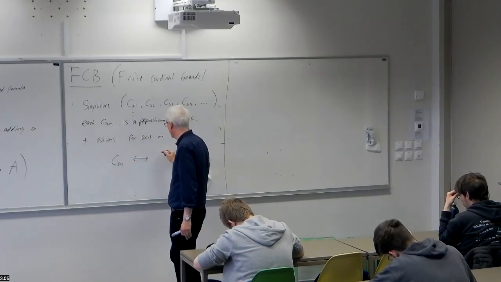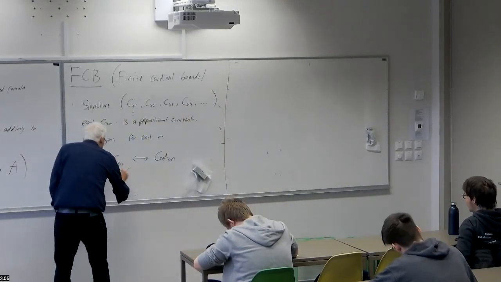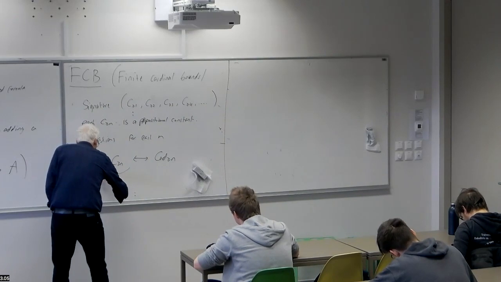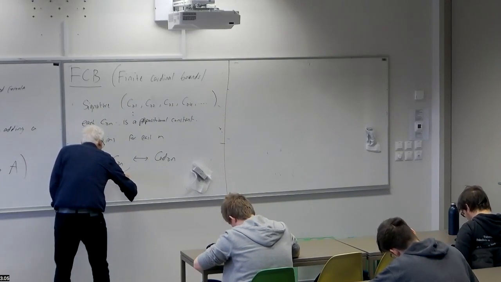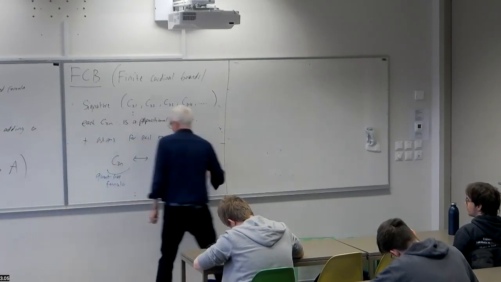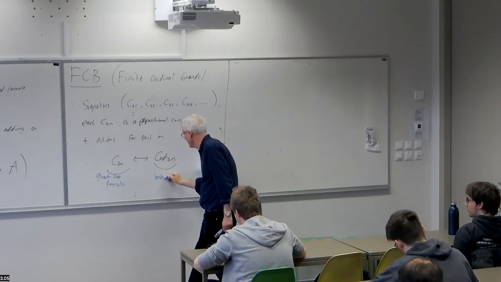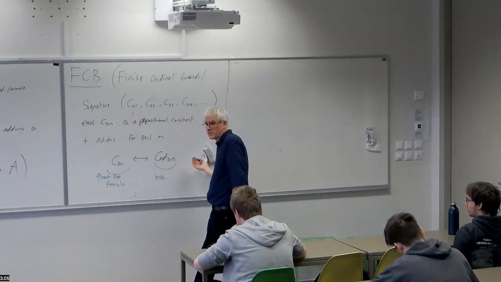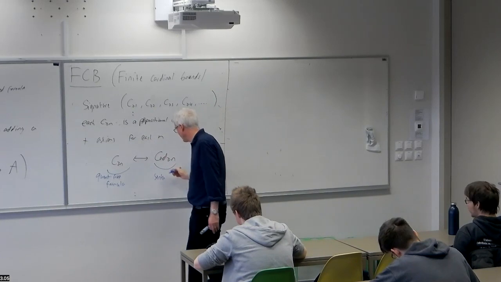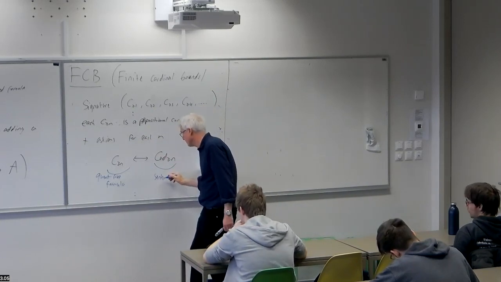It says the same thing as the formula card≥n. And this is the sentence we defined earlier: exists x1 through to exists xn, some conjunction of non-equalities.